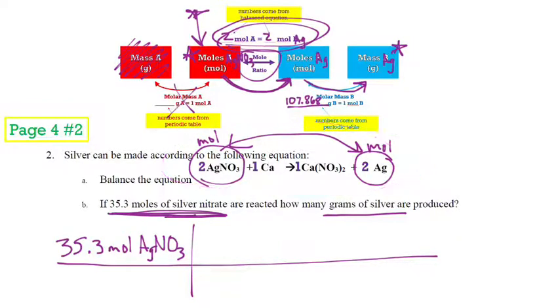Even though the numbers are the same, we do have to be careful. If AgNO3 is what's on top, that's what I'm going to be bringing down diagonally, the 2 moles of AgNO3. And if this part went on the bottom, then this part is filling in the top.